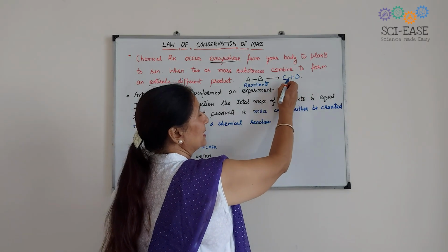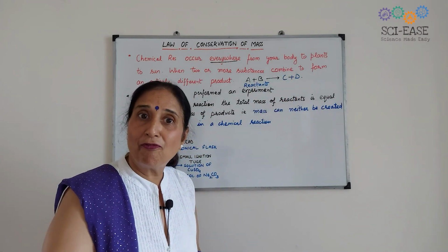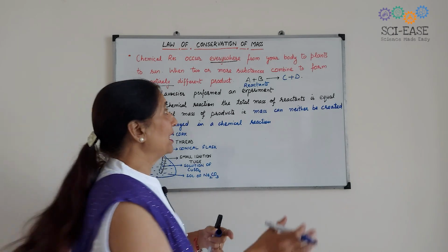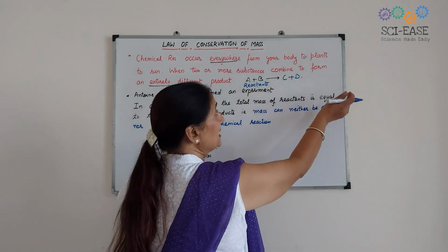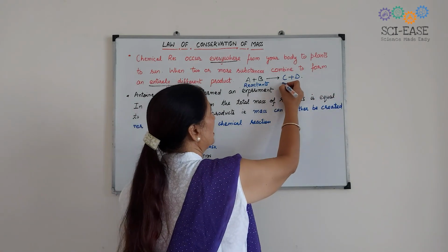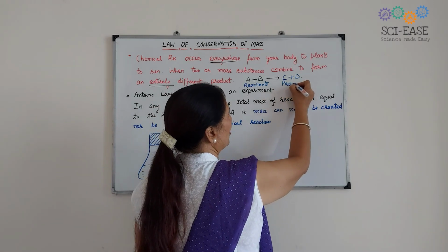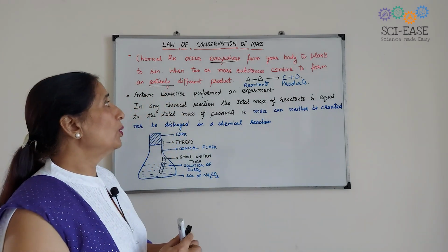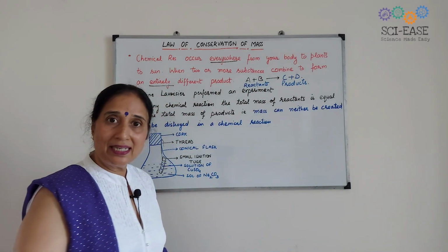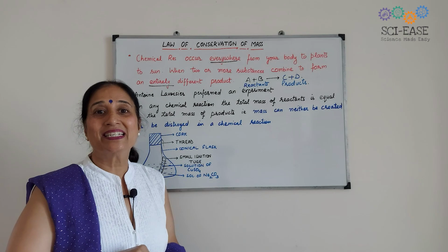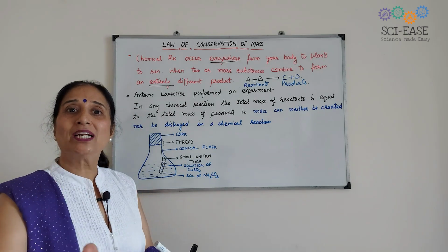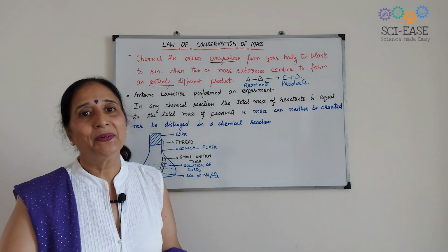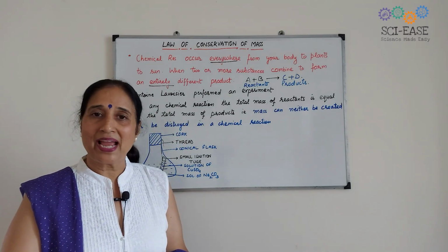And as a result of it, the substances which are formed after the chemical reaction has taken place and are placed on the right-hand side of the equation are known as products. Okay, so A plus B are reactants and C plus D are products, and products are entirely different from the reactants during this chemical reaction.